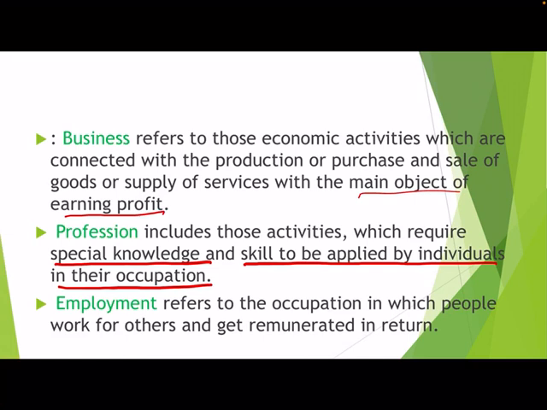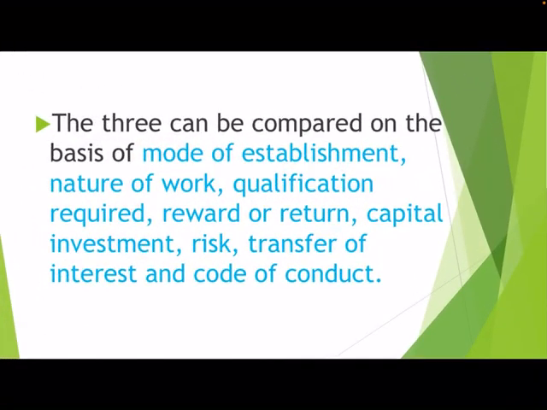And third one was employment. Employment refers to the occupation in which people work for others and get remunerated in return. Then the 3 can be compared on the basis of mode of establishment, nature of work, qualification required, reward or return, capital investment, risk, transfer of interest, and code of conduct.